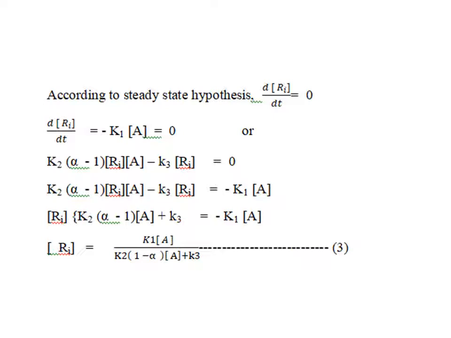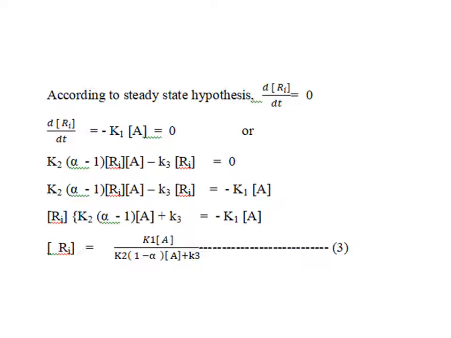Now from this equation we can calculate the concentration of Ri. Since Ri is a transient species, its concentration cannot be experimentally determined easily. Therefore, we eliminate this: Ri is equal to K1 into concentration of A over K2 into 1 minus alpha into concentration of A plus K3.